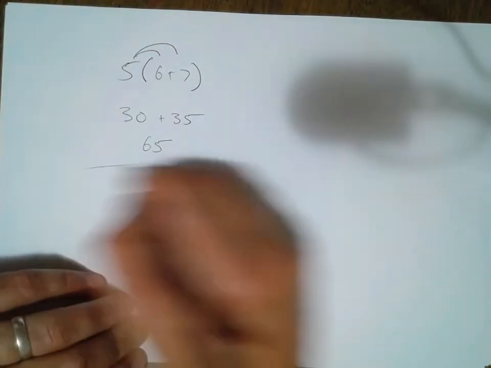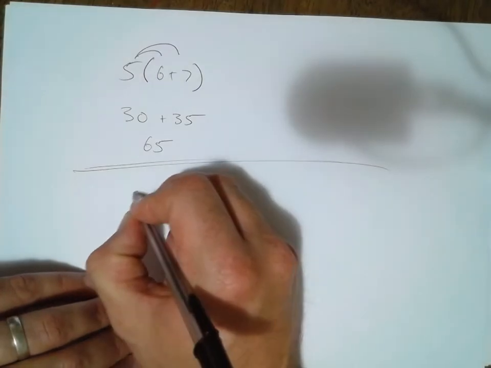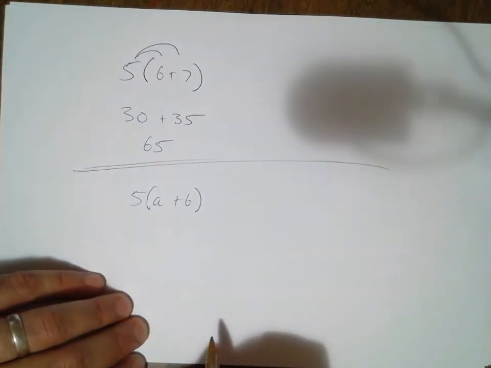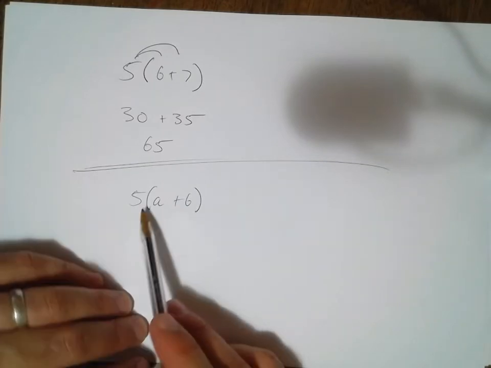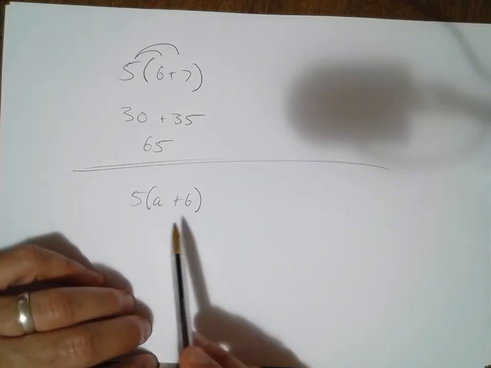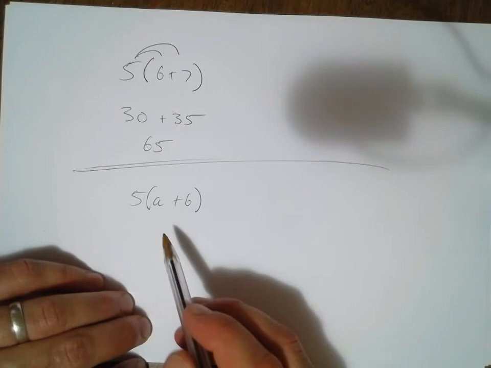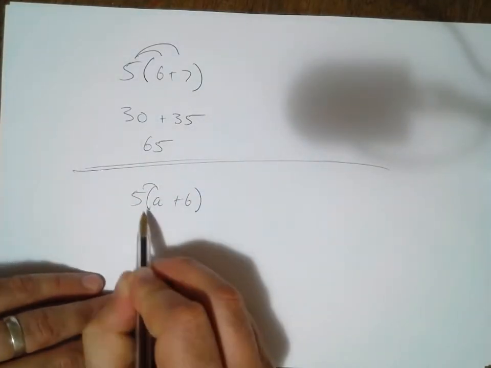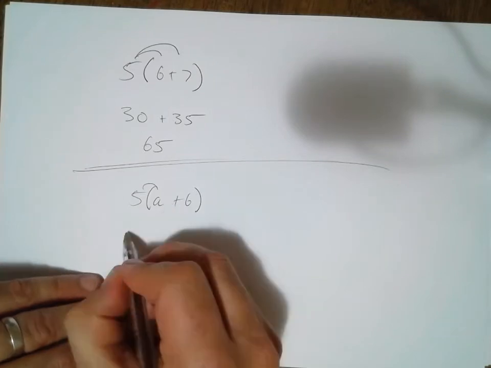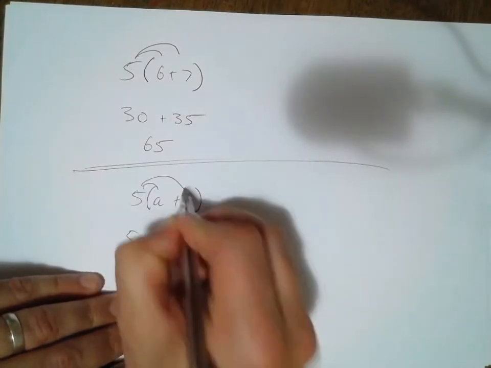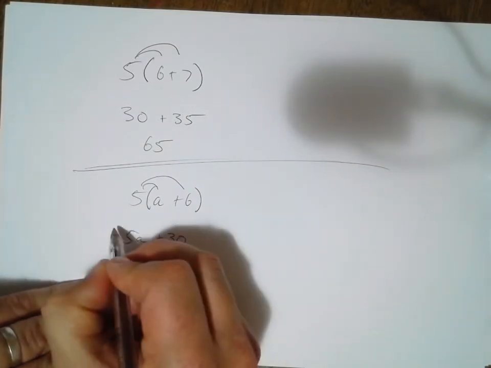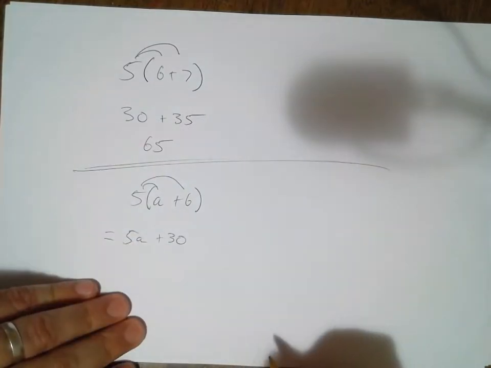So where we're going to start using it though is if you get something like that one. So, and you want to simplify that using the distributive law, or you want to expand those brackets. So again, I just do 5 times A, which is 5A, 5 times 6, which is 30. So that equals that.